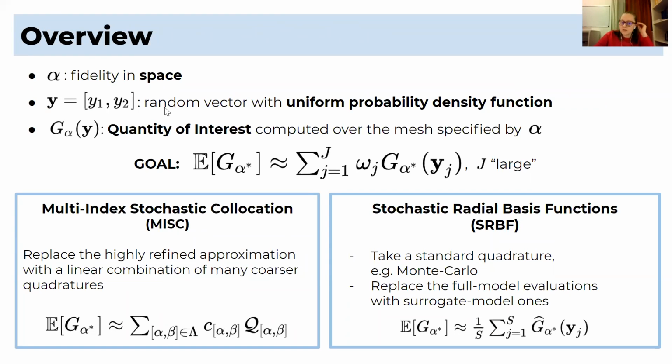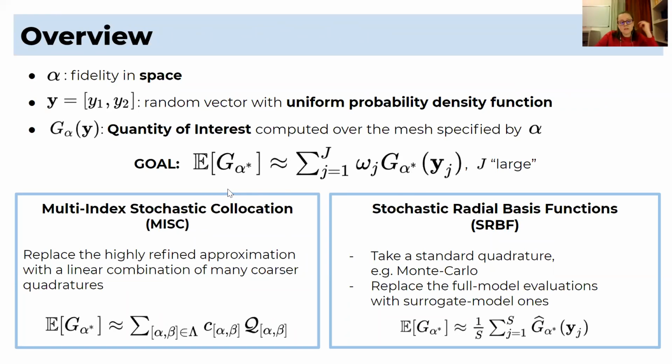This is what I've written in the formula: G of alpha star, where with alpha star we indicate the very fine grid in space, and J large means that we are taking a lot of samples. We are sampling the parameter space a lot.